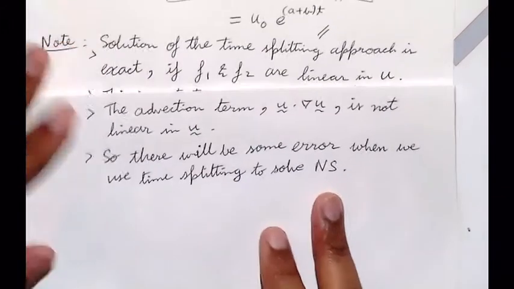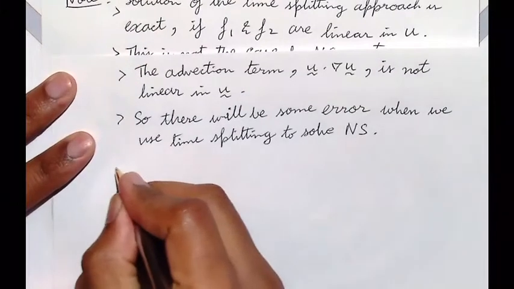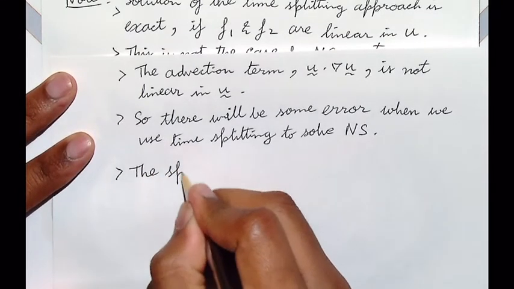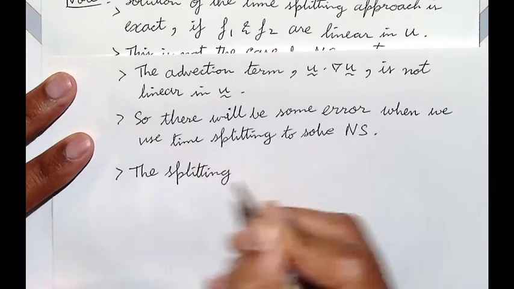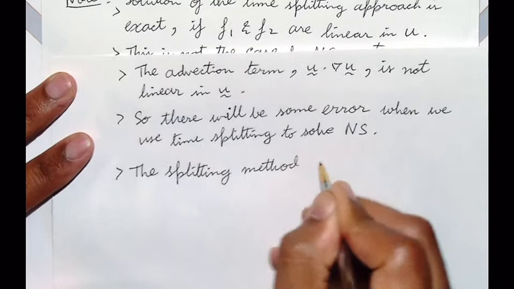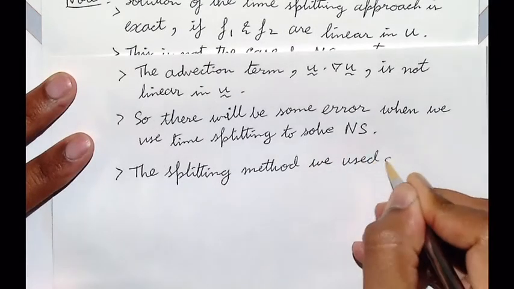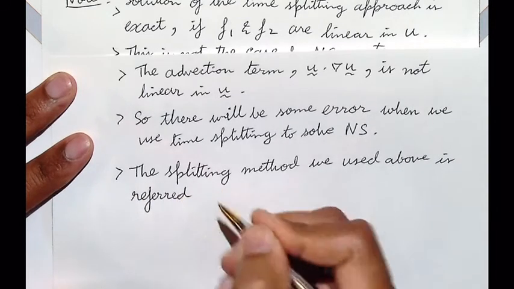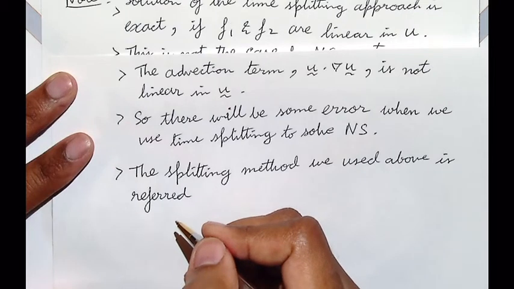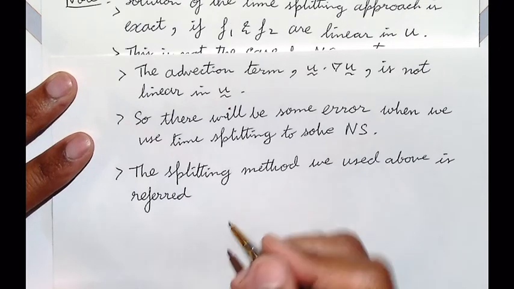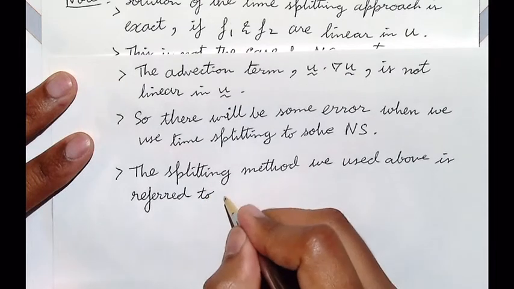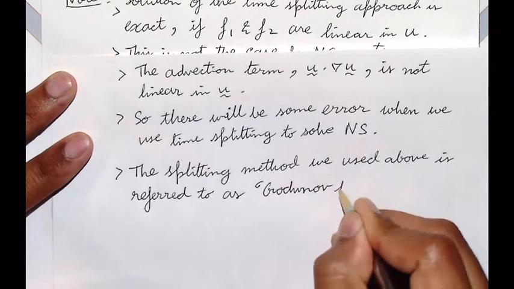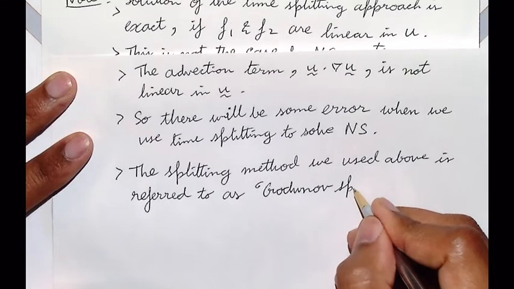The splitting method we used above is referred to as, does anybody know? Superposition? No. It's referred to as Godunov splitting, or Lie splitting.